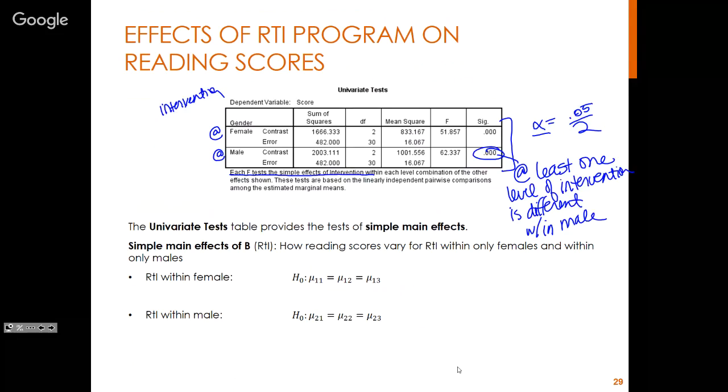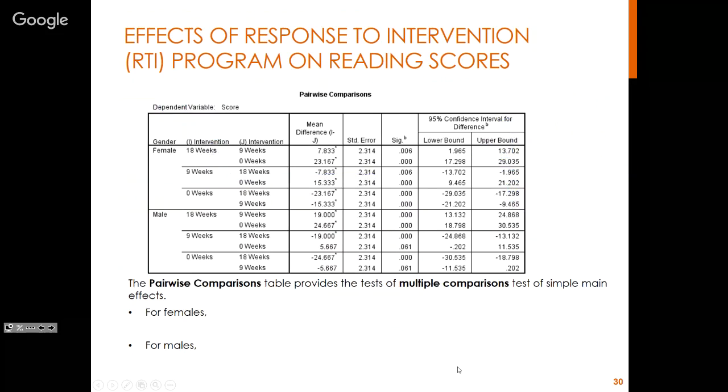So we have the overall interaction, and now we have simple main effects. And if the simple main effect is significant, then it's kind of like that final post hoc of specifically which one is different. And that output, it gives it to you by default. It's called the pairwise comparison.